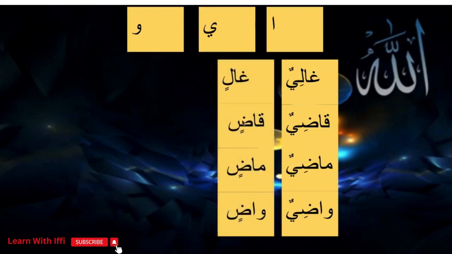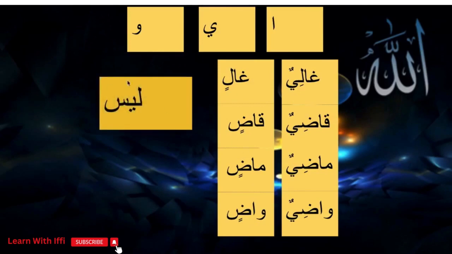So it becomes ghalin, qadin, madin, and wadin, which are originally ghaliyun, qadiyun, madiyun. We also learned one verb, laisa, which has this weak letter, and the conjugation is slightly different when it comes to hunna. It becomes lasna; the ya is completely dropped.